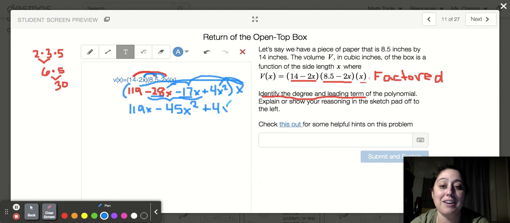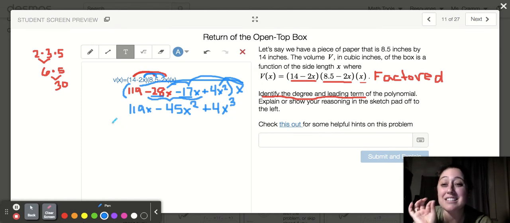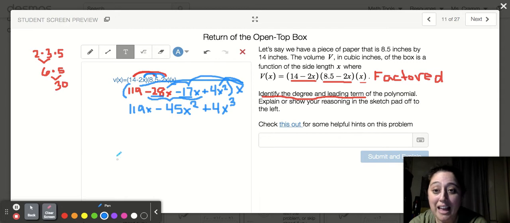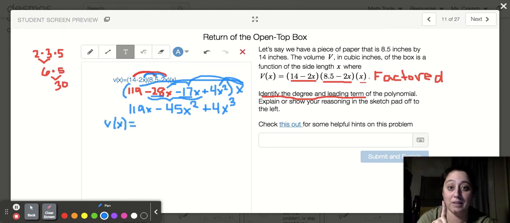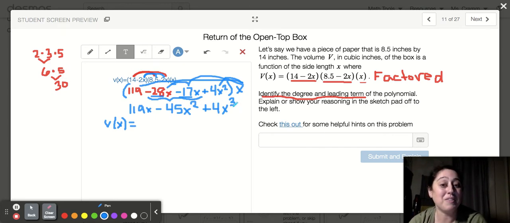I hope you're thinking in your head, right? 4x to the third. All right. So let me just rewrite this one more time in standard form. And so I'm going to write, all right, let me give myself space. V of x. Now think to yourself, what would go first? All right. So I hope you remember that in standard form, the term with the highest exponent is written first.